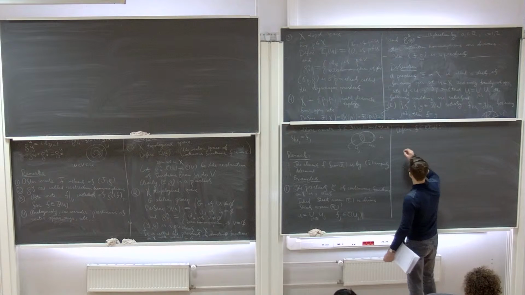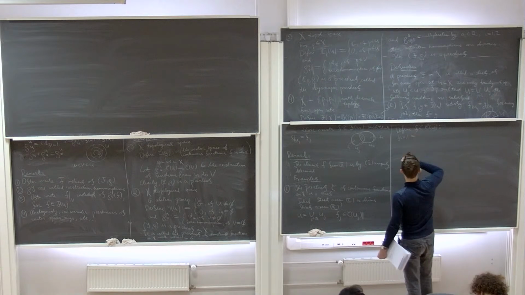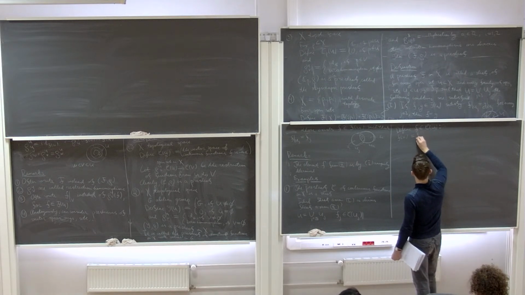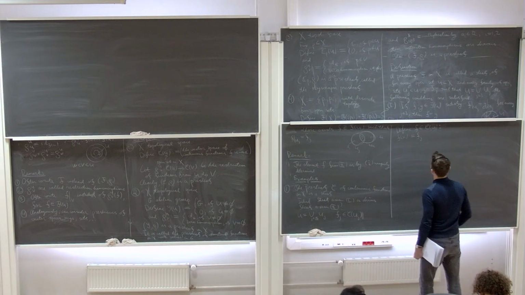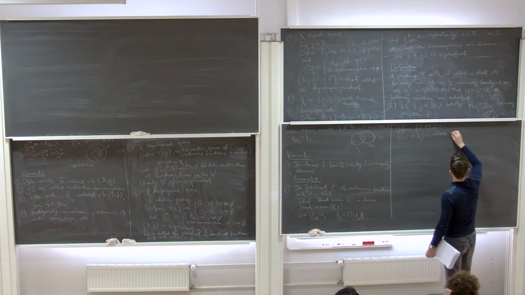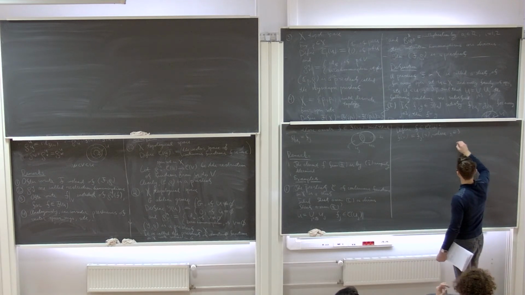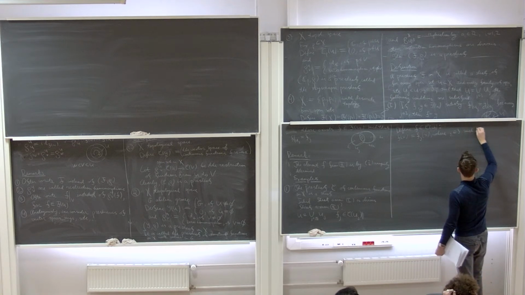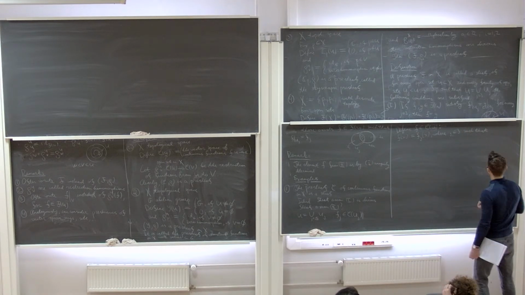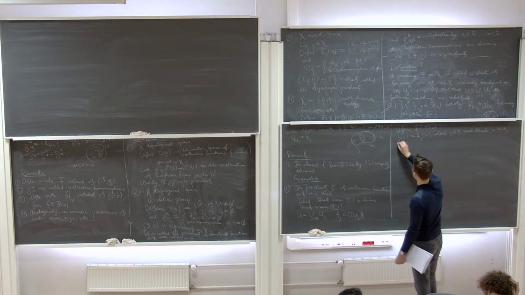Define f: you say that f of x is by definition fj of x, where we choose an index j such that x is in Uj, where x is some element in U.